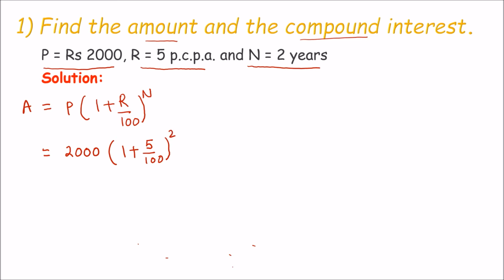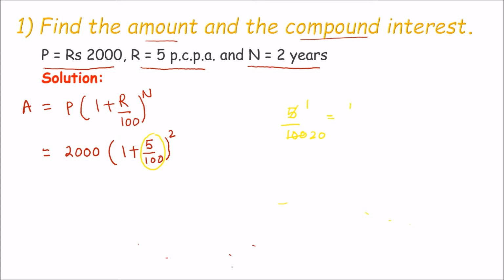Okay, after substituting the value of P, R and N in this formula, now we are going to go for the lowest form of 5 upon 100. Let's see how to find the lowest form of 5 upon 100. You can cancel both numbers by 5. 5 ones are 5 and 5 twenties are 100.